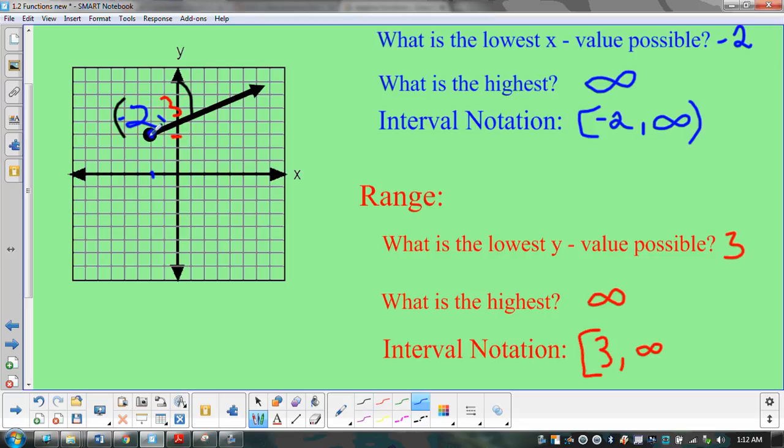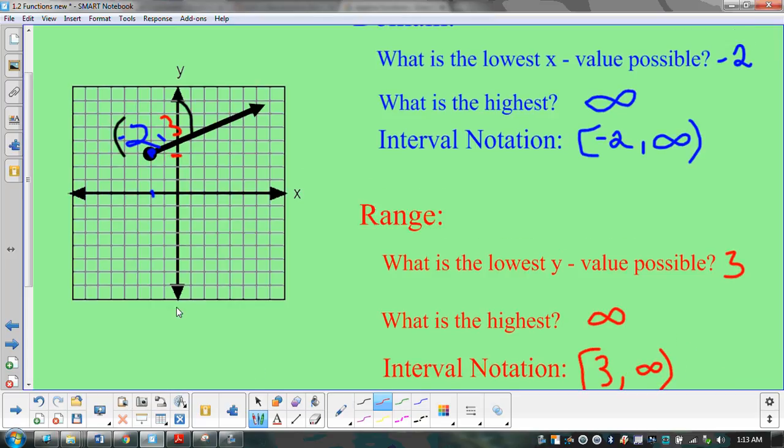So this point is the farthest left and the lowest it goes. So we've got a strong 3, but we've got a soft forever because we don't know how high it's ever going to end. This is a very tricky concept, so be patient with yourself. If you need to, go back, look at it again, but we're going to keep on practicing.